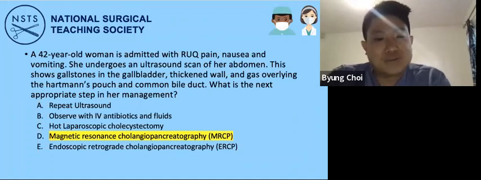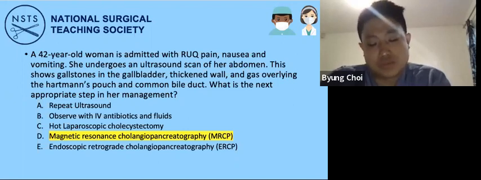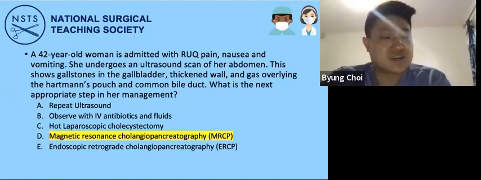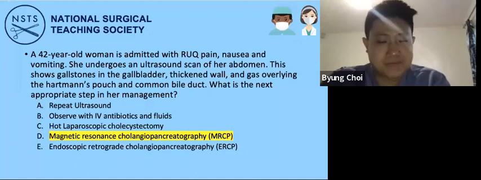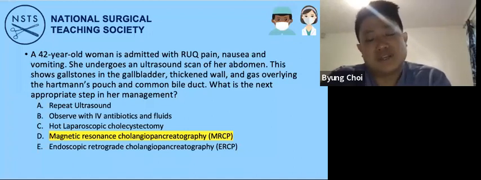In this lady, we've got a good idea of what's going on, but because we couldn't visualize the common bile duct, we need further imaging to diagnose this patient. If that common bile duct was completely clear, a normal diameter for the patient's age, and she's just got gallstones with a thickened wall, so this is acute cholecystitis, then there's no need for an ERCP.